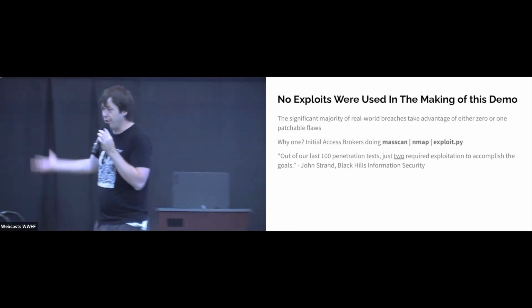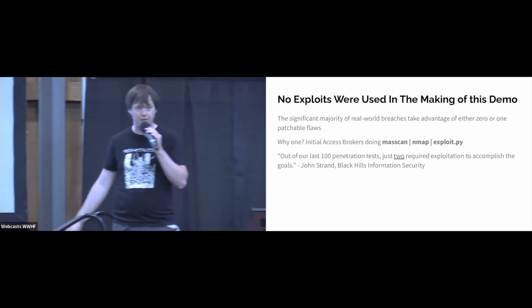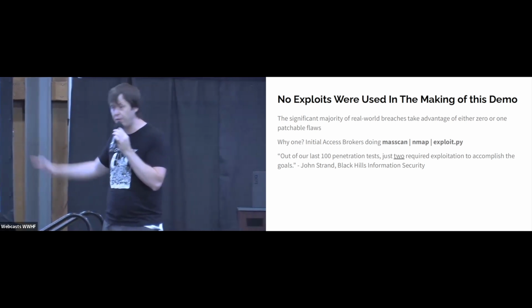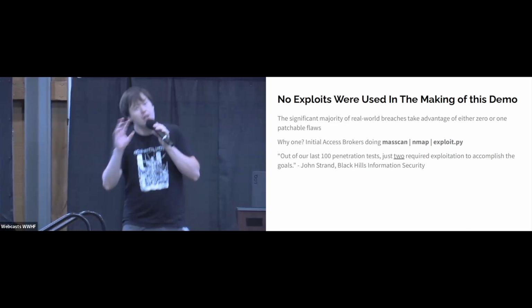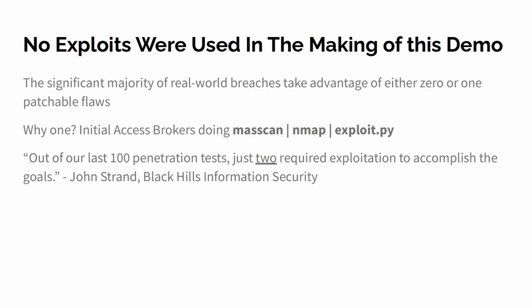All right? So, as a reminder, there are plenty of real-world breaches that involved 0 exploitable flaws. Lots of them, even the majority. That said, I do rule out a special exception for initial access brokers. I said it before, mass scan, pipe to nmap, pipe to exploit.py, swap out exploit.py for Cisco IOS, and now I have an internal vantage point inside that environment.